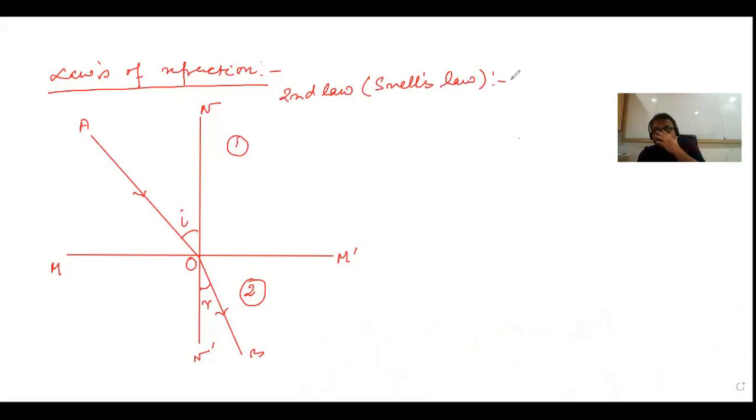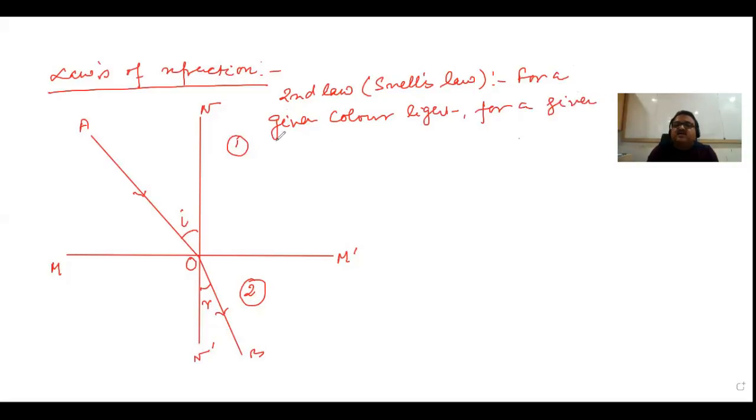Okay. So what the law says, look, at the time of writing this law, be careful about the thing I'm mentioning here, correct? For a given color of light, for a given pair of media. That means the second law depends upon these two factors.